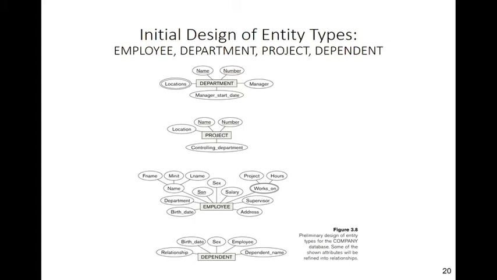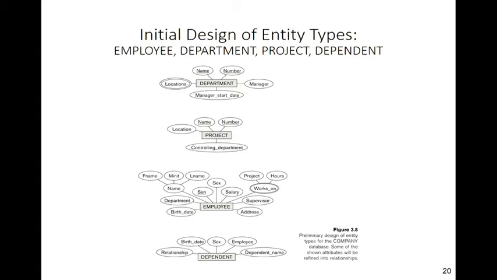So for a first pass, you're just asking, what are all the things about a department? I have a name of a department, I have a number for the department, it's in multiple locations, and they're going to have a manager. And my key is going to be name and number. Does that make sense to have name and number both as part of the key? Do I need both? Maybe. Maybe not.